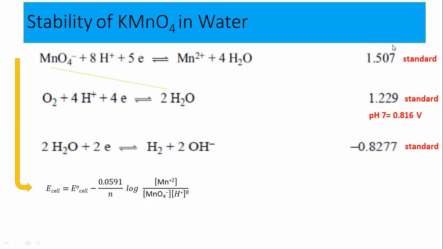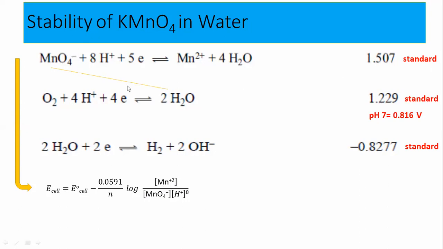One is that you can reduce this potential. This is also one of the options, but right now we are discussing the pH. Or you can change the pH of this half cell. There are the two ways. So if you write the Nernst equation of this half cell, the KMnO4, both ways are presented here, whether you change the concentration of MnO4.